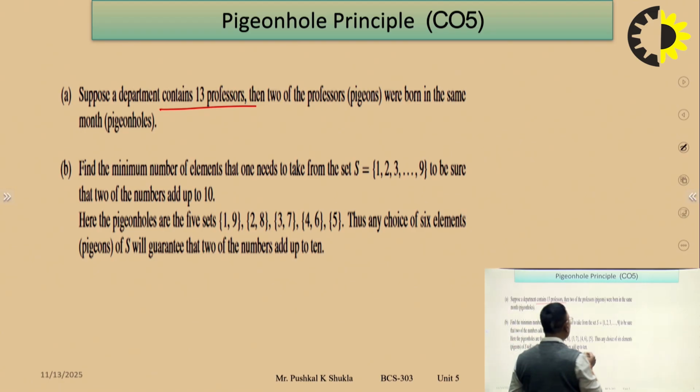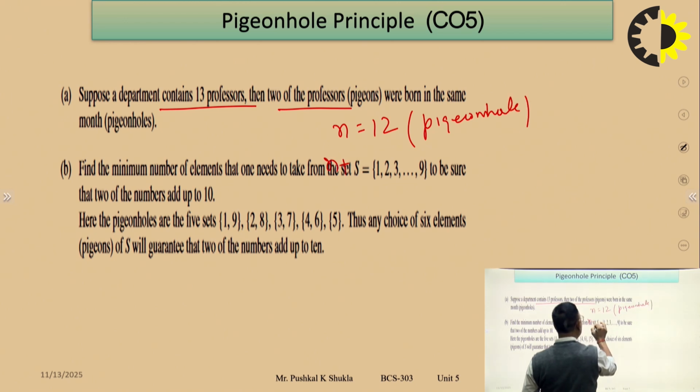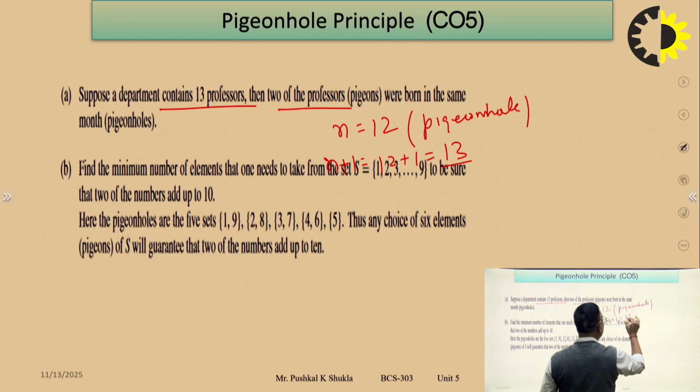We see there are 13 professors, and two of them can be born in the same month. It means n equals 12. This is the pigeonholes. And n plus 1 means 12 plus 1, that is 13.